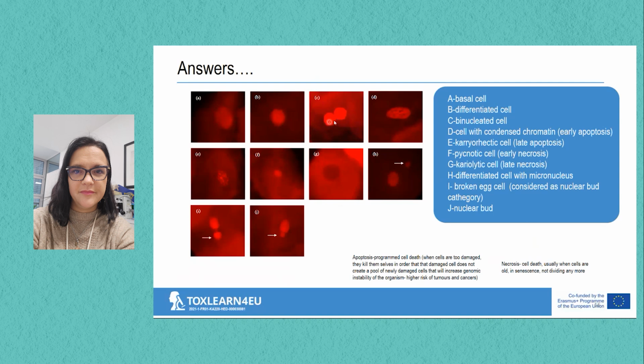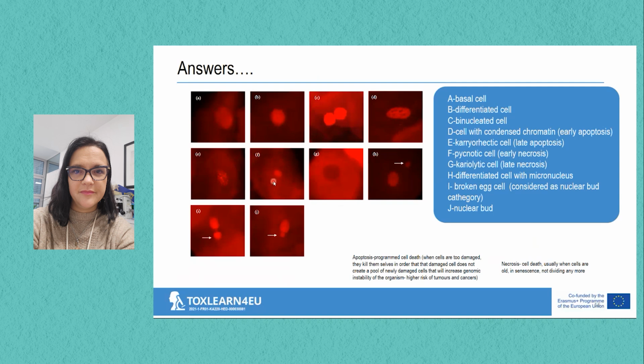Here you can see the binucleated cells. Here is the early apoptosis, and this is the nucleus that has the condensed chromatin. Here you can see that there is still a line of nucleus, but there are more concentrated parts of the chromatin, and they are called karyorrhectic cells, and they represent the late apoptosis.